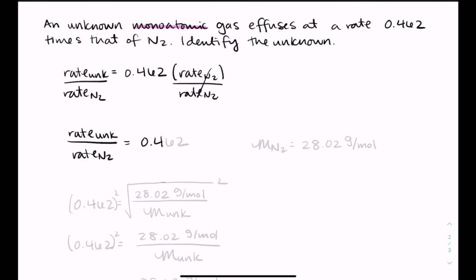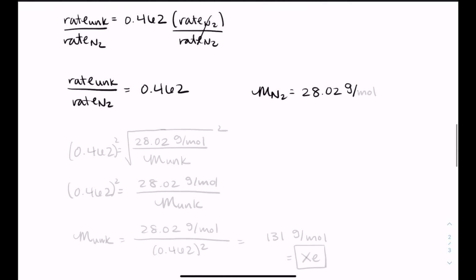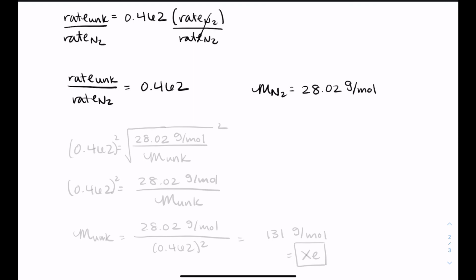For the molar mass of N2, I can put this in really in any units that I want. I will just get the same unit back out for the molar mass of my unknown. So I'm going to leave this in grams per mole. So 0.462 equals the square root of 28.02 divided by the molar mass of the unknown. I'm going to start by squaring both sides. So 0.462 squared will equal 28.02 over the mass of the unknown.